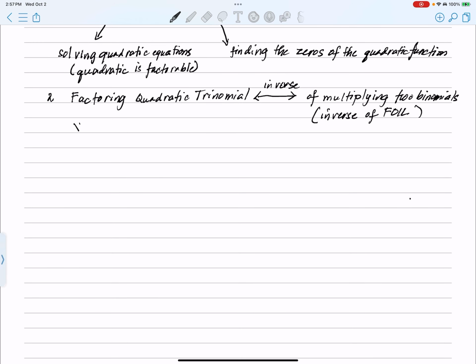So I have x squared plus 7x plus 6. So the factored form is x plus 1 times x plus 6. Okay? Let's do the inverse this time.